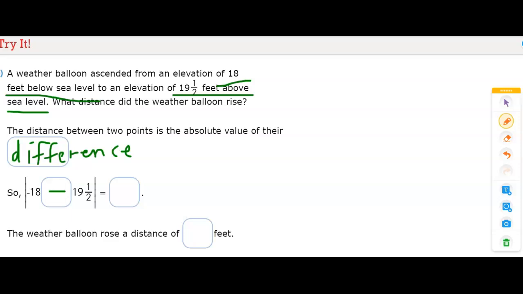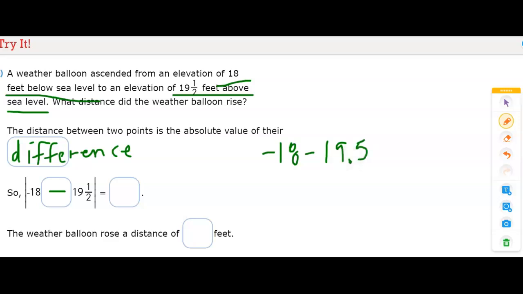So now we're going to subtract -18 and 19½. And because half we know as a decimal is 0.5, we can use a calculator to solve this. So we're going to subtract in our calculator negative 18 minus 19.5.